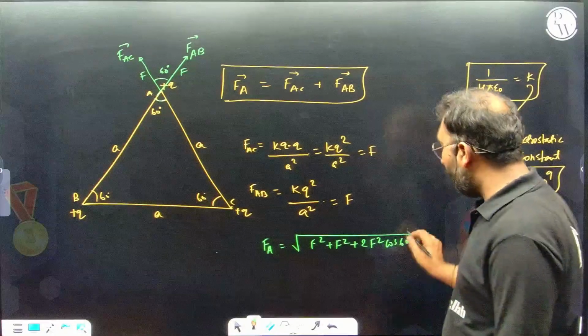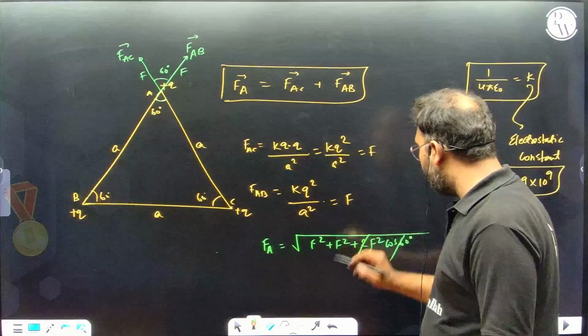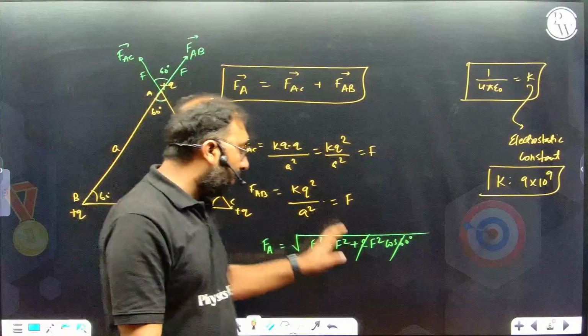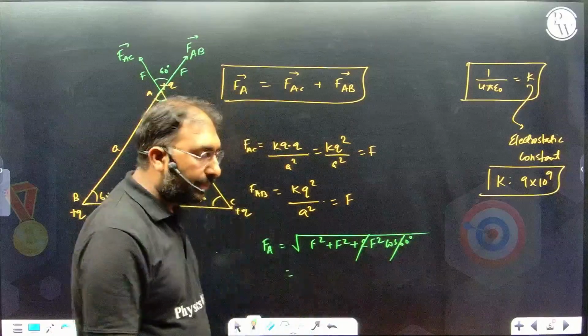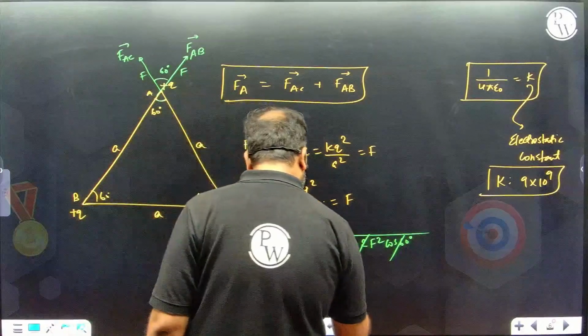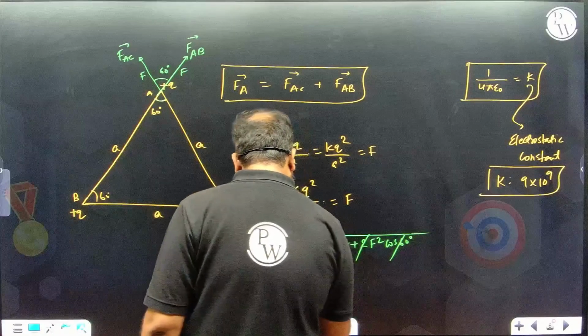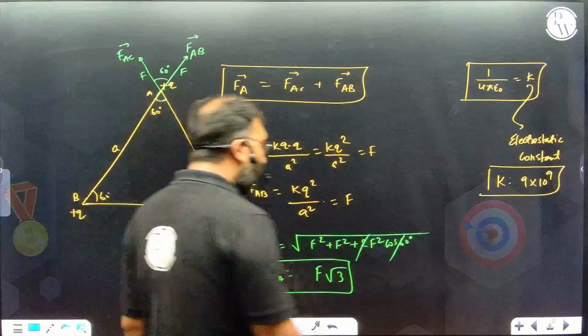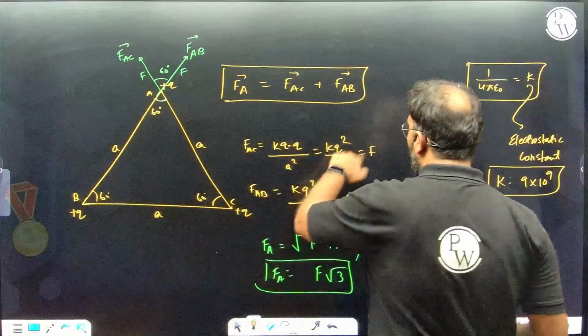The value of cos 60 degrees is 1 by 2. This will get cancelled. And this is under root of F square plus F square plus F square. This is 3F square, so this becomes F root 3. So the net force on A is F root 3. The value of F here is this one.